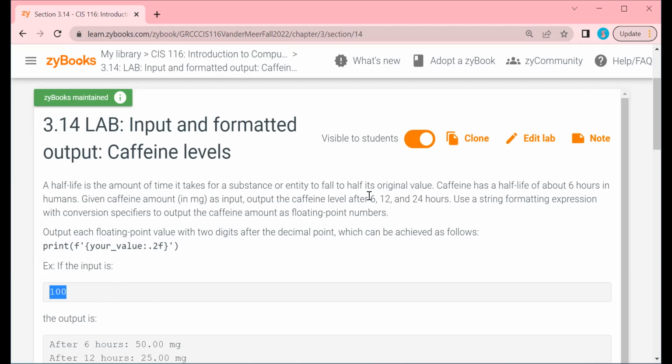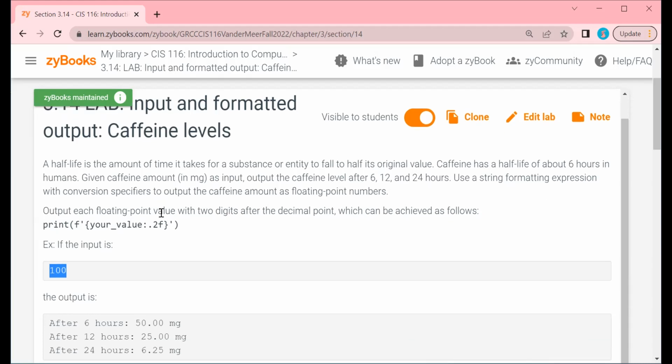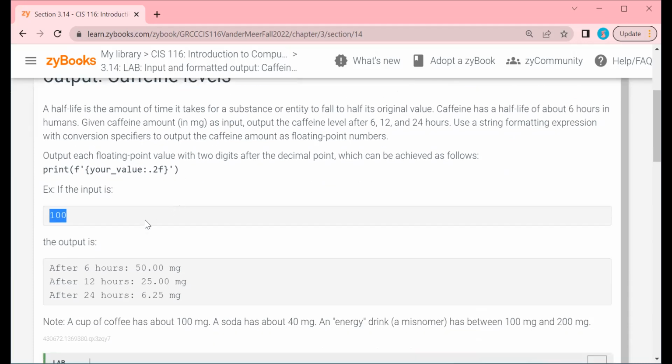Then I want to output what my level of caffeine is after 6 hours, 12 hours, and 24. Use a string formatting expression with conversion specifiers to output it as a floating point value.